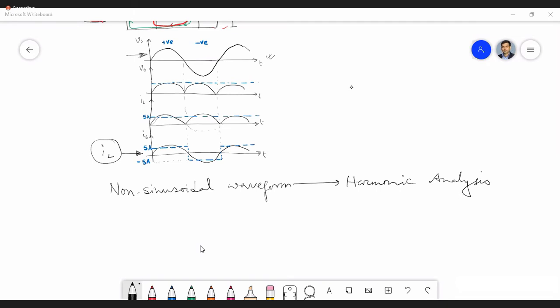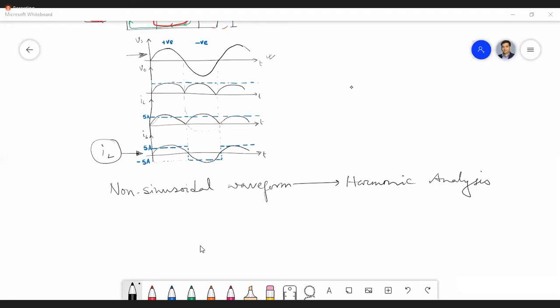Fourier series says that a non-sinusoidal periodic waveform can be represented as a summation of an infinite number of weighted sinusoids.